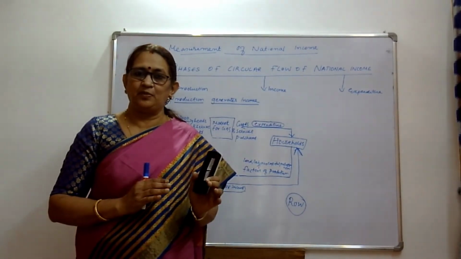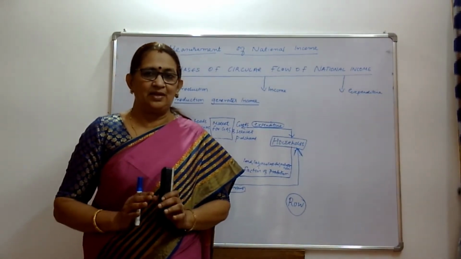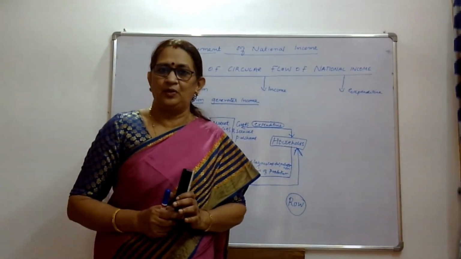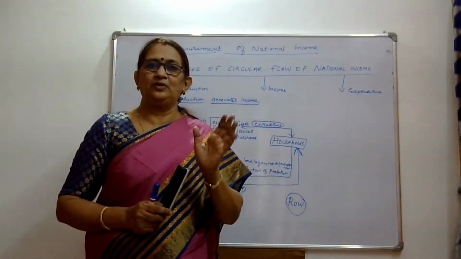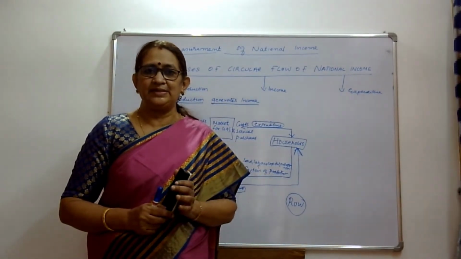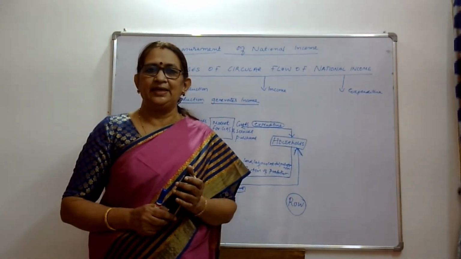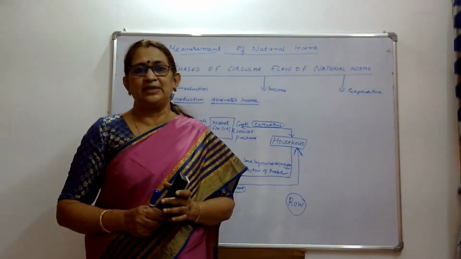Some sectors are producing goods, some sectors are producing services. Which are the sectors producing goods? Primary and secondary sectors are producing goods. Primary is mainly agriculture related activities, secondary is the industrial sector, and the tertiary sector is producing services.